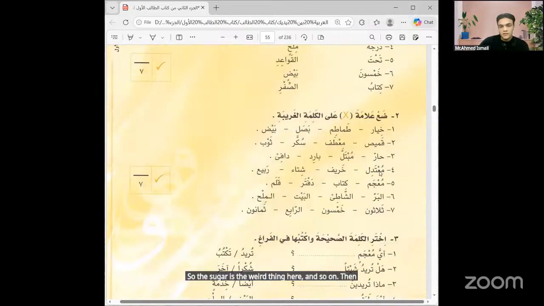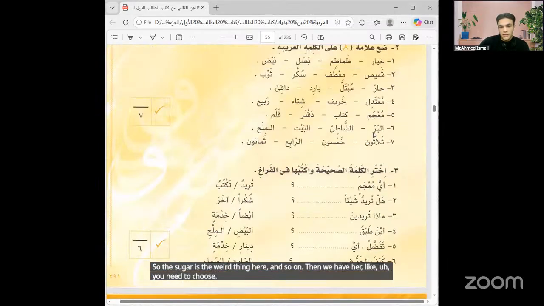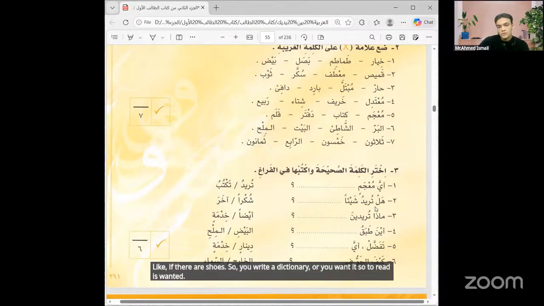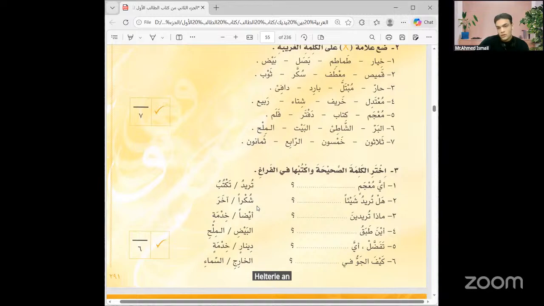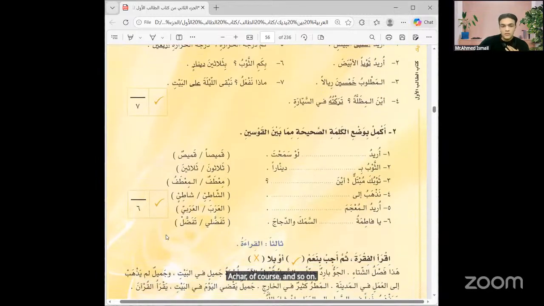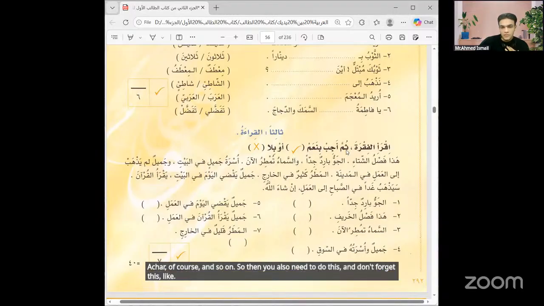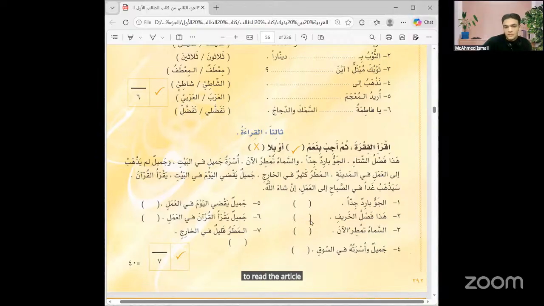Then here you need to choose, اختر, choose. So أي معجم تكتب, you write the dictionary or you want it. So to read is wanted. هل تريد شيئا آخر, or شكرا آخر, of course, and so on. Then you also need to do this, and don't forget this. This is a good question to read the article and also to answer these questions under it.